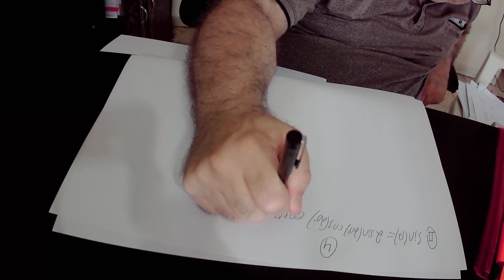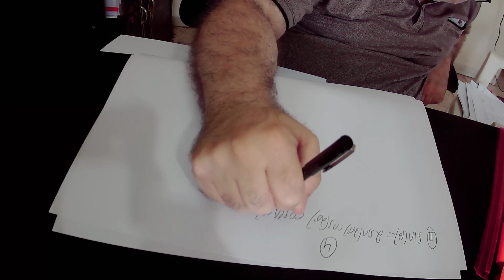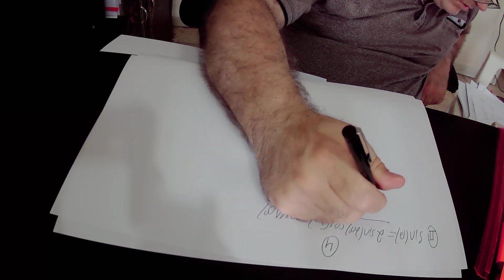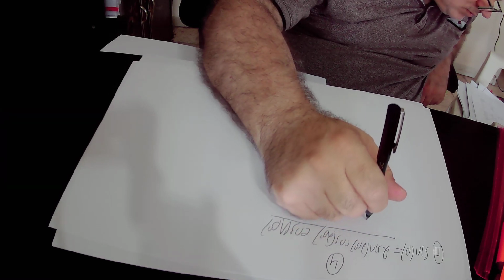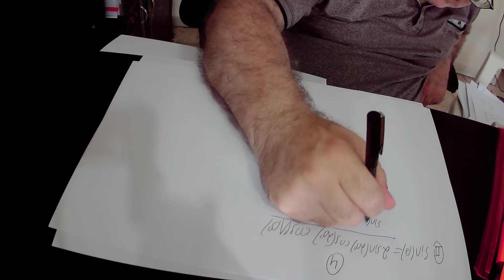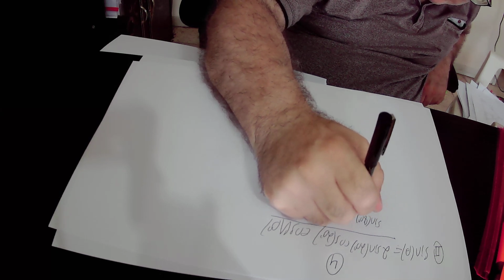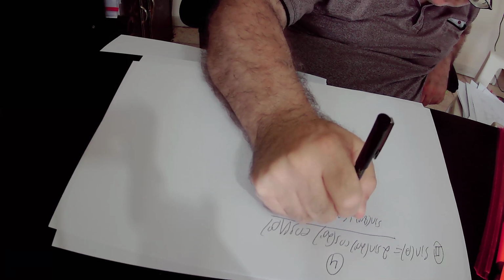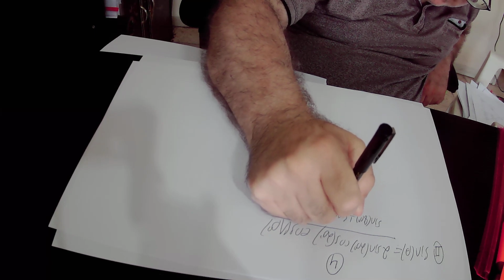And according to equation number 2, we have to divide all by sinus 80 degrees plus sinus 60 degrees.